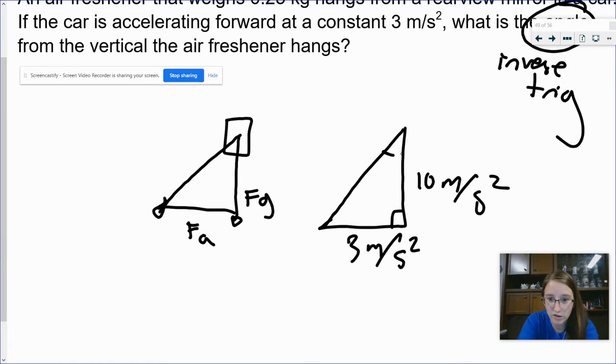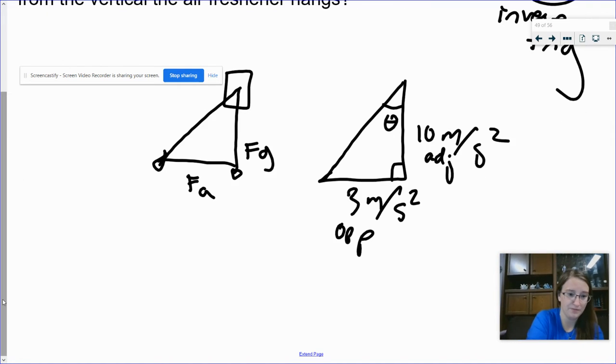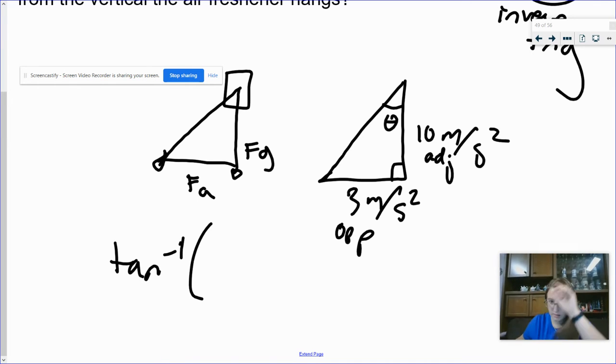Now, because we're finding this angle here, this is going to be tangent, right? Opposite, adjacent. You should have done inverse tangent. Now, what you'll see here is I'm going to do this as inverse tangent of 3 divided by 10. We should get the same thing if you had used the forces.